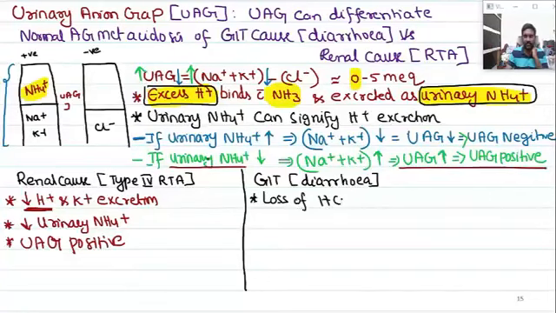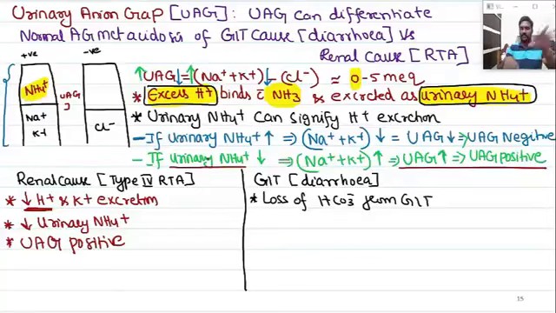Now in GIT cause, there is loss of bicarbonate from GIT. So whenever there is loss of bicarbonate from the GIT, now here the kidney is working well. The problem is within the GIT. So whenever bicarbonate decreases in my body, H plus will tend to be higher. So whenever there is increased H plus in my body and my kidney is functioning well, what will my good kidney do?